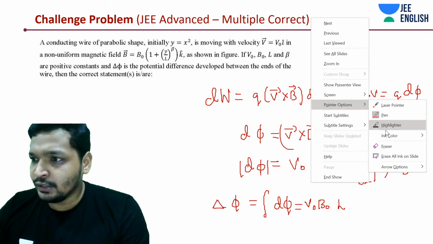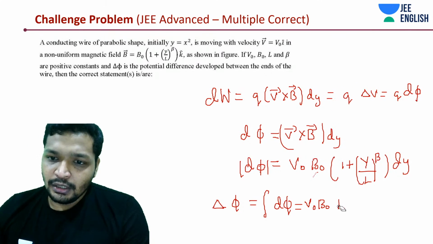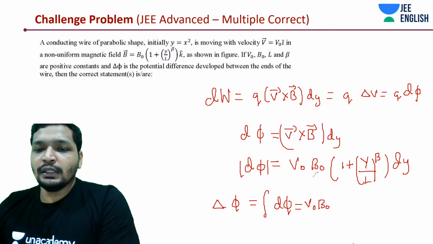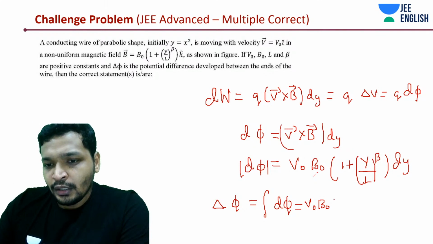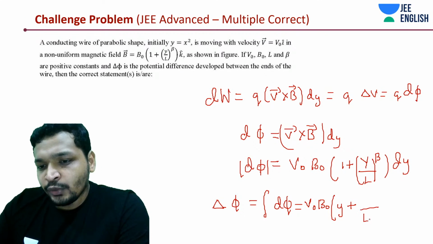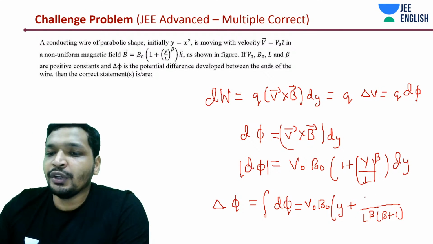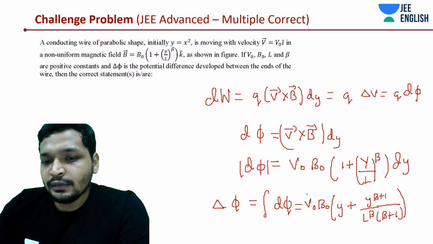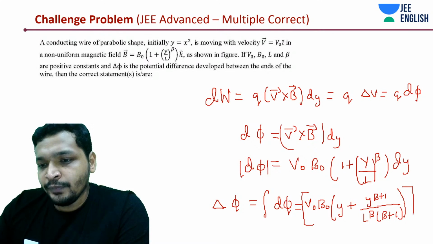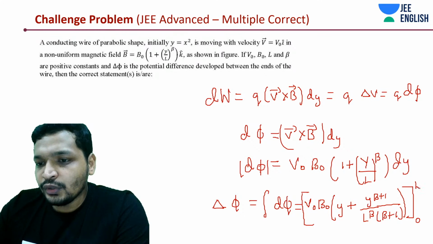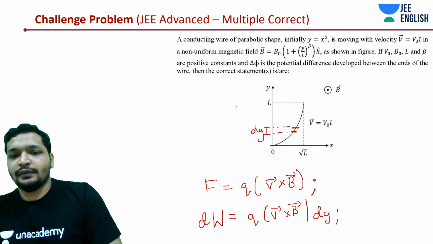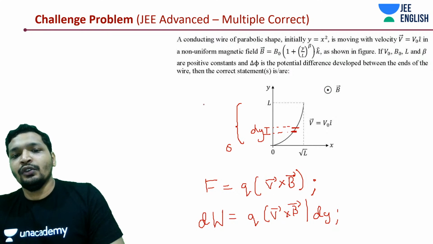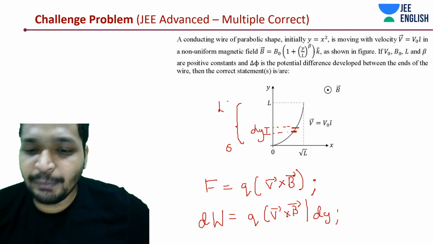So this is going to be y plus 1 by L to the power beta into beta plus 1, since y to the power beta becomes y to the power beta plus 1. And from where to where? From 0, it starts at the origin, to the length L along the y axis. 0 to L.